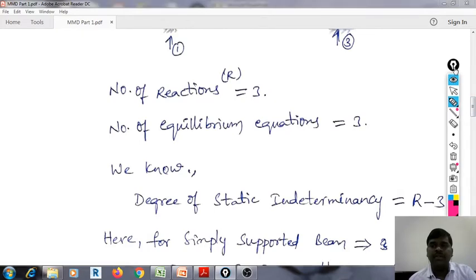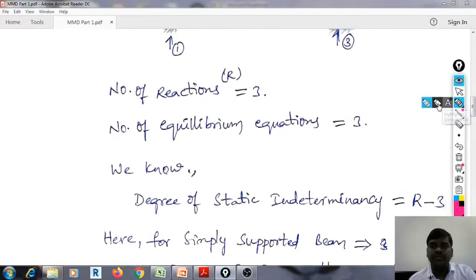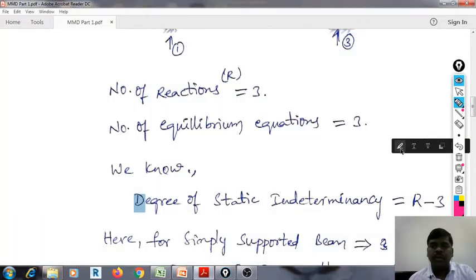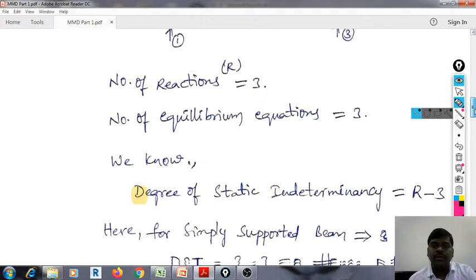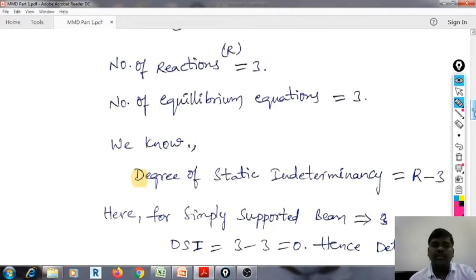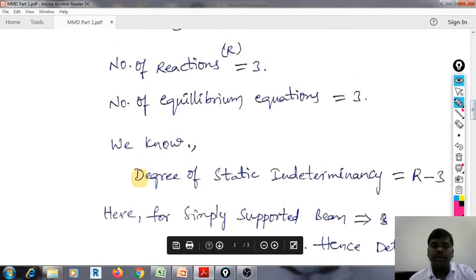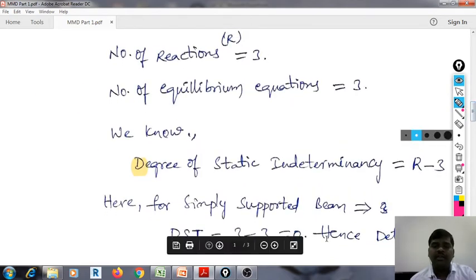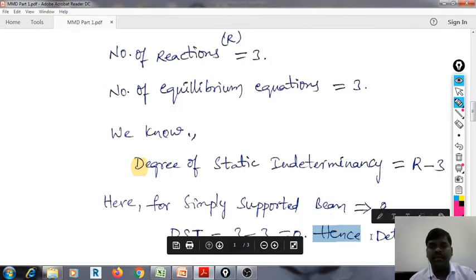So for the simply supported beam, DSI is equal to 3 minus 3, that is equal to 0, hence it is determinate.